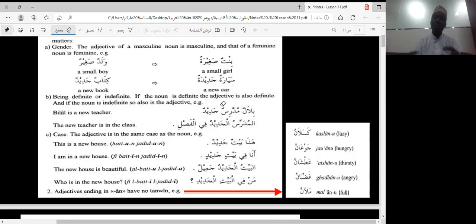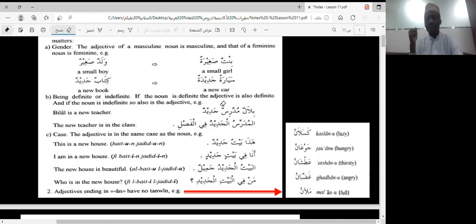So when you are talking about na'at and man'ut, both should have the same alif and lam, or both should have tanween. When you see alif and lam in one and the other carries tanween, you should know that is not na'at and man'ut.